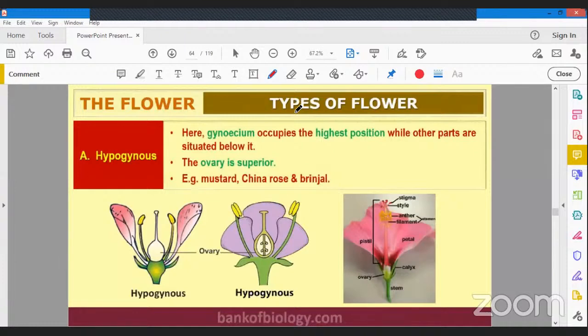Hypogynous: here the gynoecium occupies the highest position. See here, the gynoecium is at the top, and all the other parts are situated below it. This is hypogynous. So the ovary is superior.